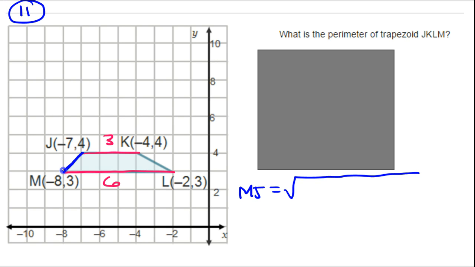Okay, the order doesn't really matter, to be honest with you. So I'm going to do negative 7 minus negative 8, squared. Alright, I did x minus x. Now I'm going to do y minus y. So I'm going to do 4 minus 3, squared. Okay, so that should give me the length of MJ, the distance from M to J.